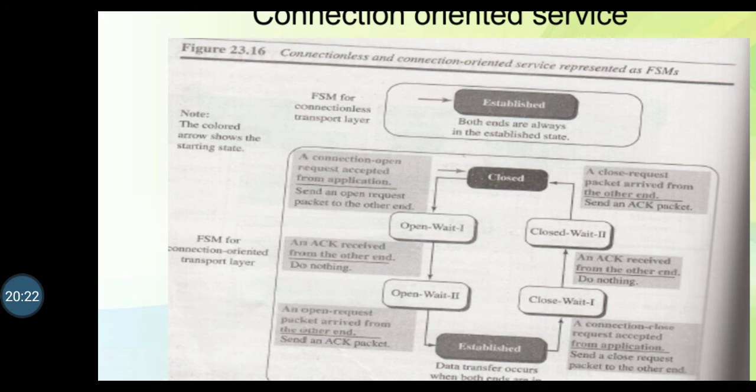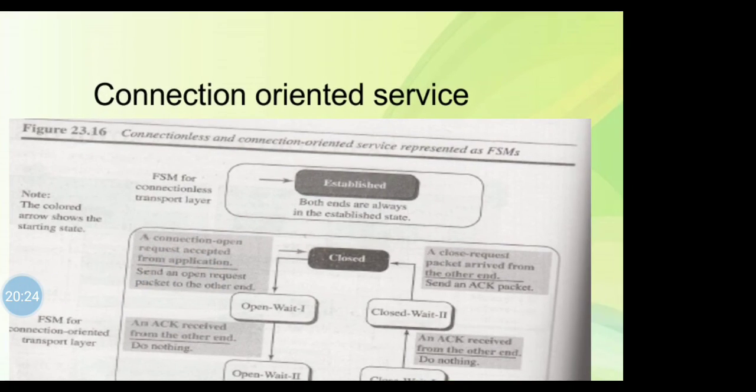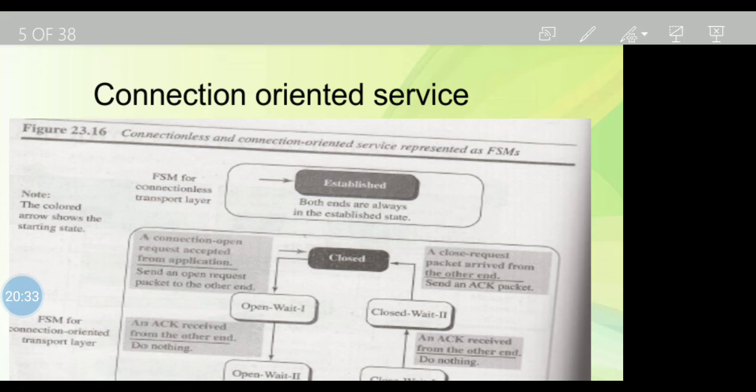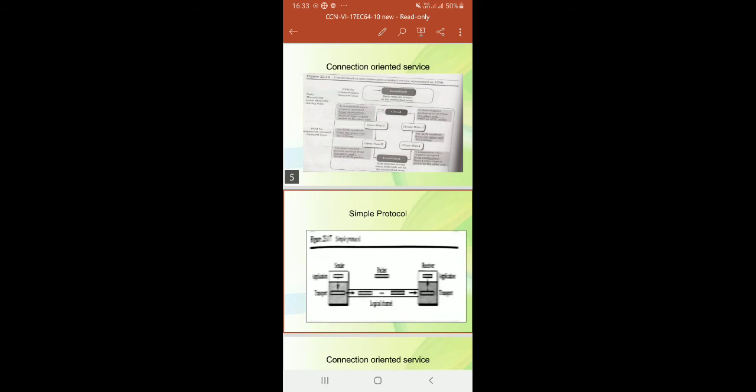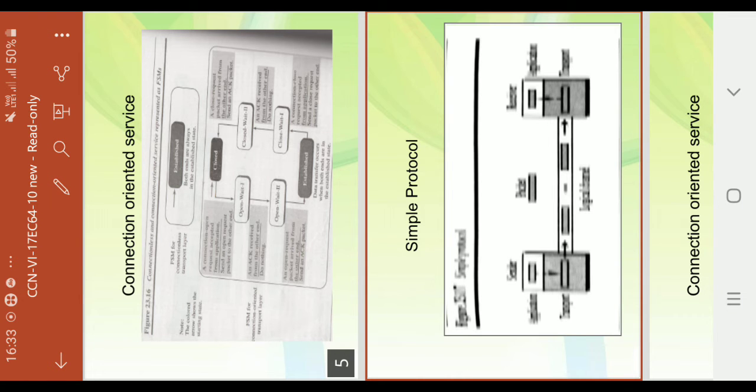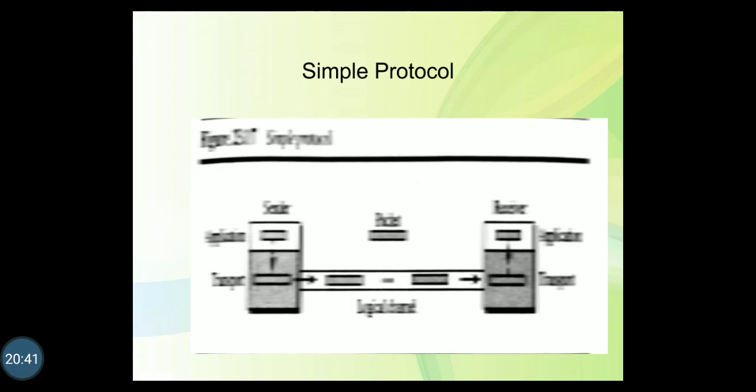Next, we'll discuss transport layer protocols. Whatever the TCP/IP protocol is, it uses a transport layer protocol that is either a modification or a combination of some of these protocols.